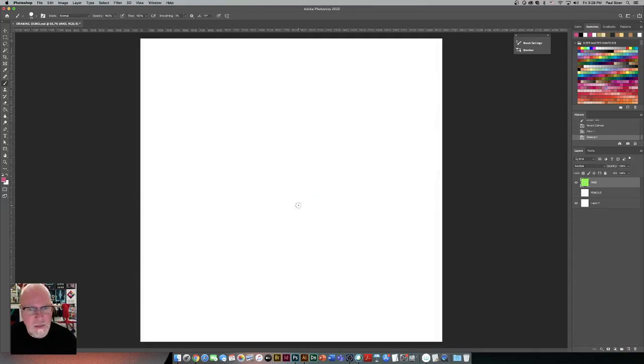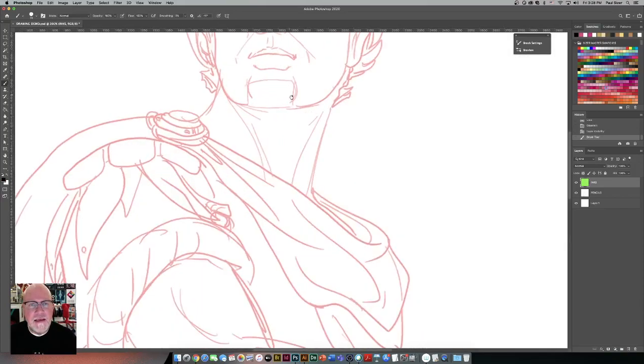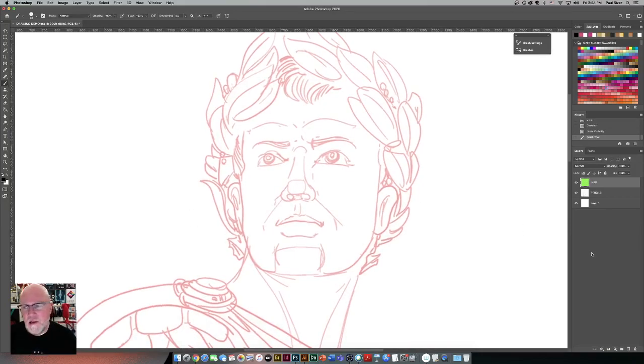So let's go ahead and take a look at the pencils on this SIZER guide that we worked with last time. As I'm looking at this portion of the head here, if I was going to begin inking on this, part of what I'm going to be looking at is where is the gravity, where's the weight of this form, and how do I want to use the lines to emphasize that or show it.